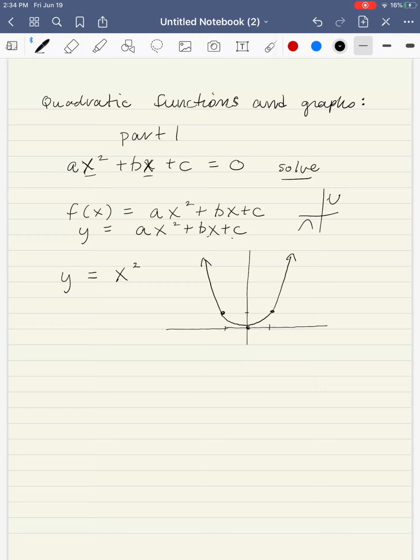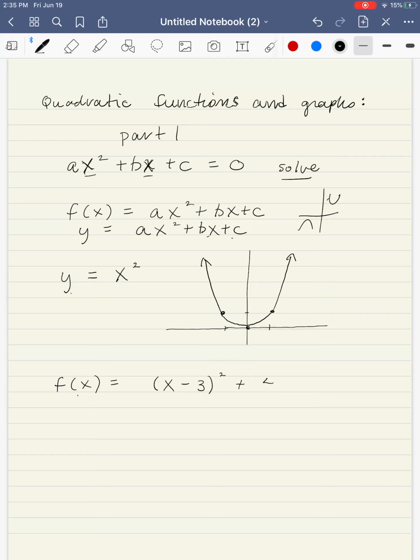So let's actually graph a quadratic using transformations that we learned in an earlier method. So let's say we're going to graph f of x equals, and remember I can use f of x or y, they're the same thing. And go ahead and leave a space here in front of this, and we're going to see why in just a second.